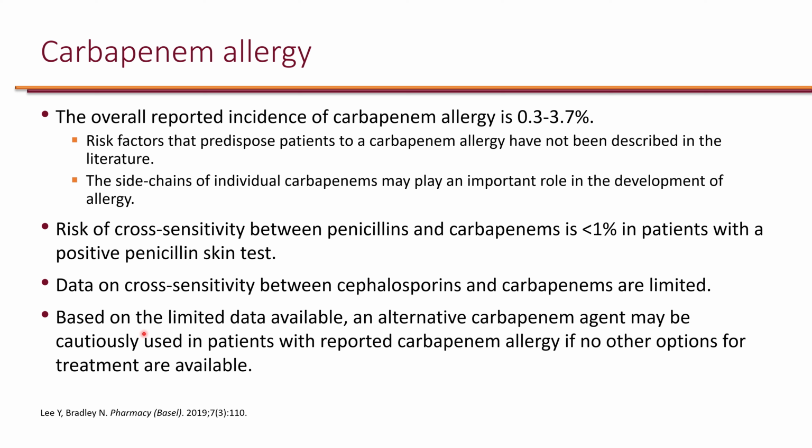And so, it will be tough if you really need carbapenem, and the reason for not being able to use it is a drug allergy rather than resistance. So based on limited data available, an alternative carbapenem agent may be cautiously used in patients with reported carbapenem allergy if no other option for treatments are available. What that means is if someone has imipenem allergy and you really need a carbapenem, you can cautiously use meropenem under monitoring.